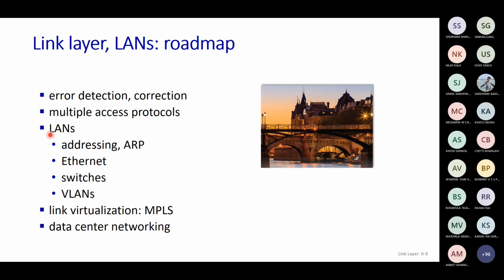Then the third module is LANs, where we are going to study addressing, MAC addressing, which has a corresponding protocol known as ARP or Address Resolution Protocol. Then we are going to study Ethernet switches, VLANs, and then finally link virtualization, for which we are going to study multi-protocol label switching, called MPLS, and then finally a bit of data center networking.